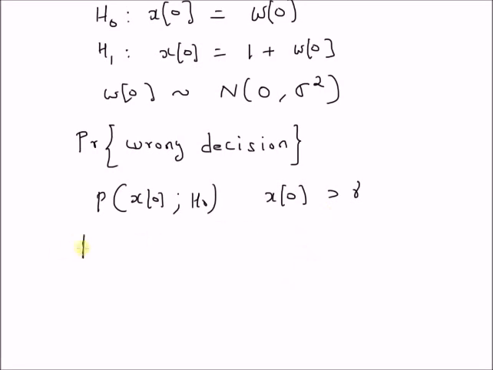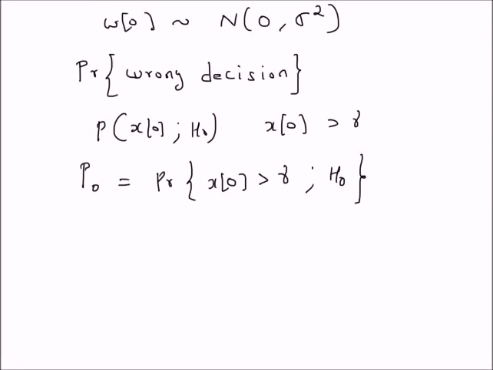Therefore, the probability of making a wrong decision P0 is defined as the probability that x of 0 is greater than gamma, the threshold, when it is originally from the null hypothesis. So we have to calculate this probability.